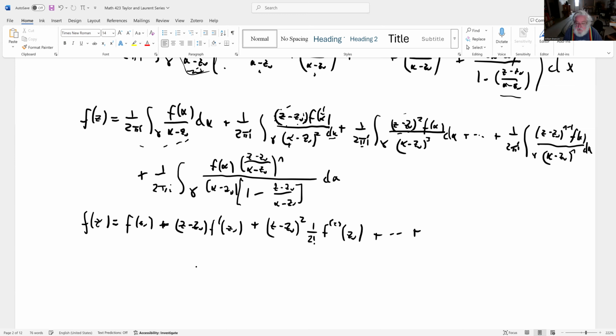Plus dot dot dot plus, so z minus z naught to the n minus 1. That factors out of that, and then we're left with f of alpha over alpha minus z naught to the n. So that's the nth derivative, but we need to have that n factorial floating out in front.